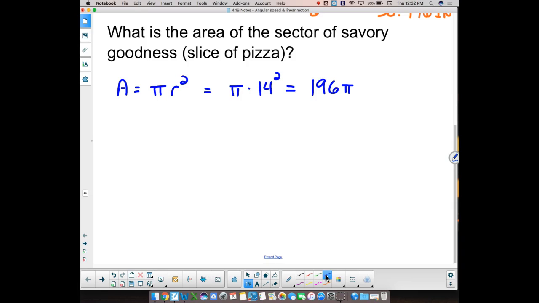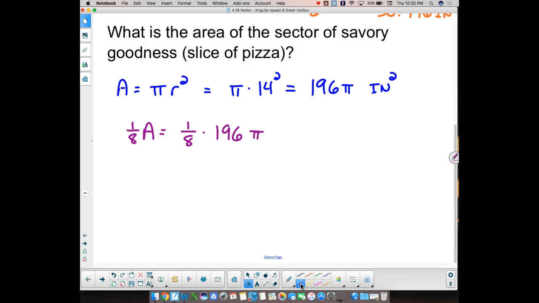And we're dividing in 8 because we only want one piece of pizza. So that means I'm going to multiply my area times 1/8. And that's going to give me, oops, this was in square inches.